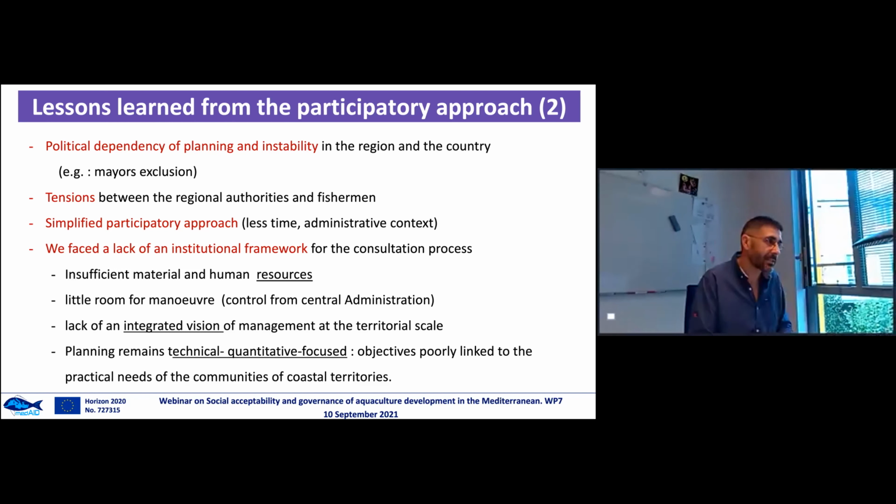So in the end, we had to simplify the participatory approach because the administrative context was very complicated. We also faced the lack of institutional framework for the consultation process. We didn't have sufficient material and human resources, so we didn't have a lot of room for maneuver because there was this control from the central administration.